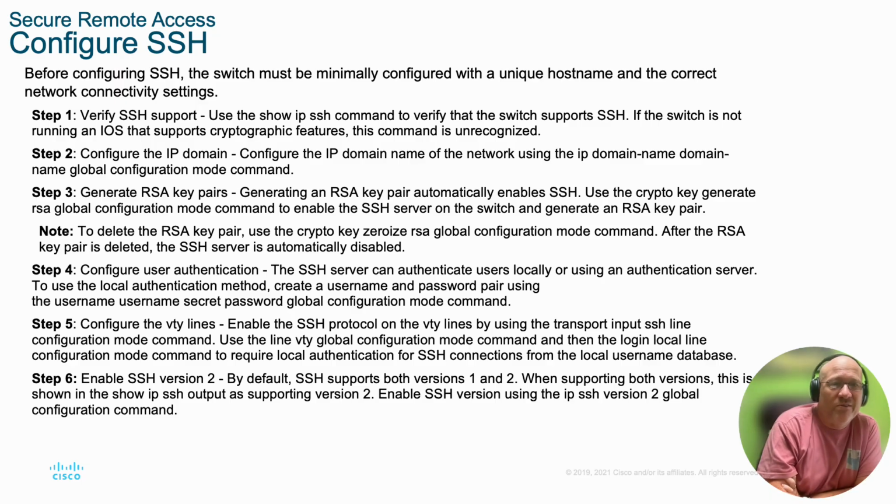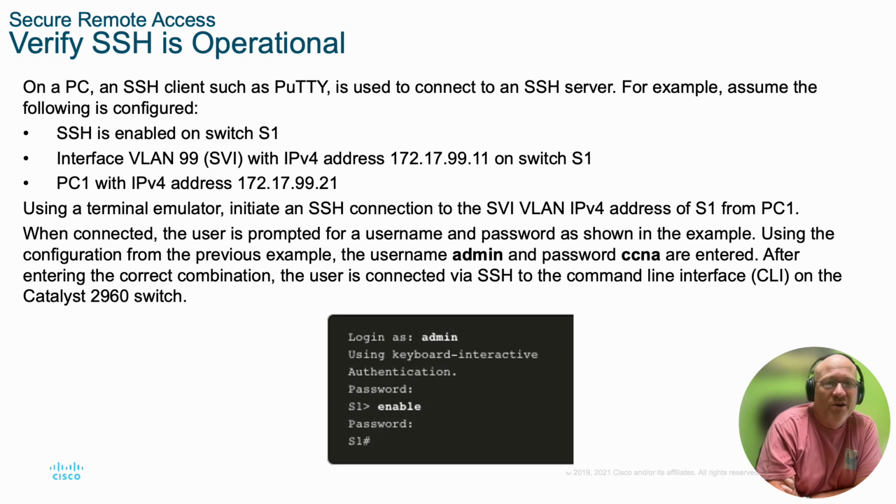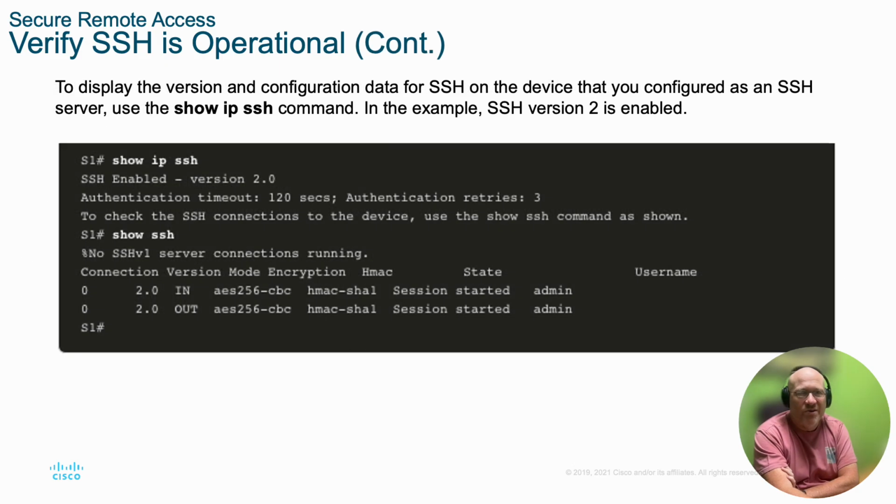to actually set up SSH. And you can set up the SSH to work with a virtual terminal application like PuTTY or TeraTerm, and you set it up on the SVI so that you can then connect into the SVI, whichever VLAN it is, and then remotely log in to SSH and verify that it's operational.